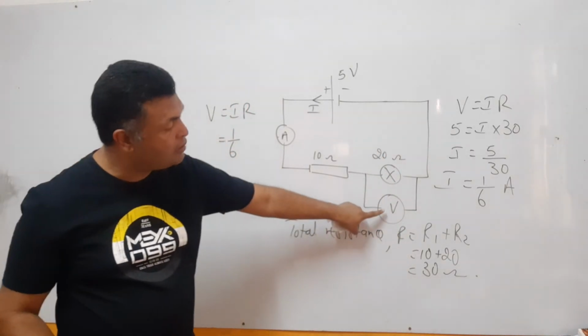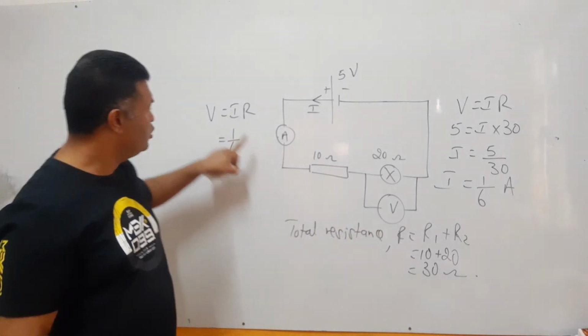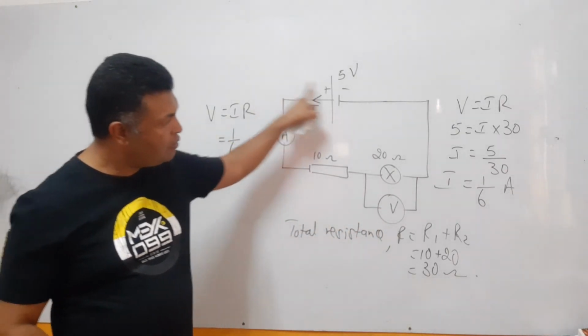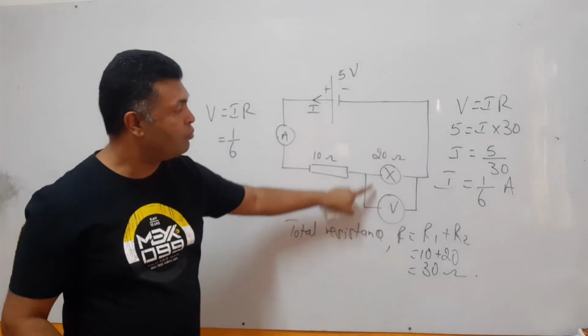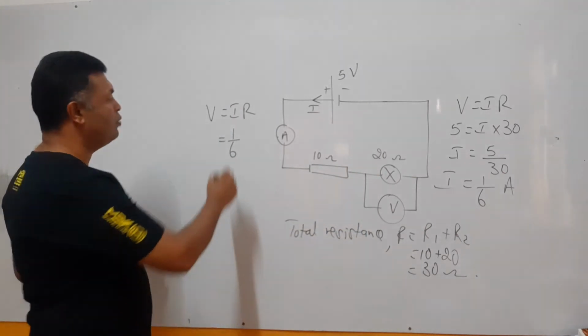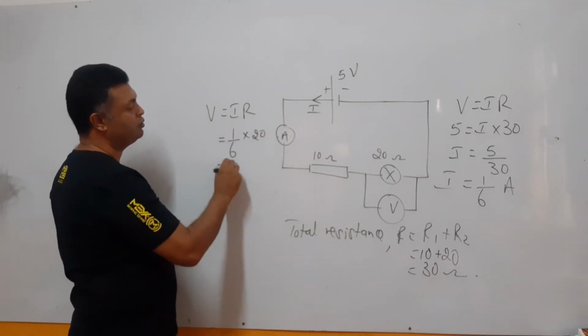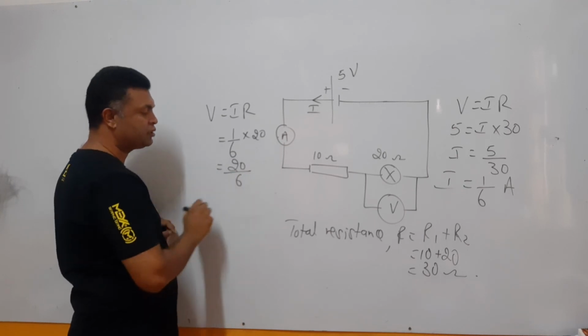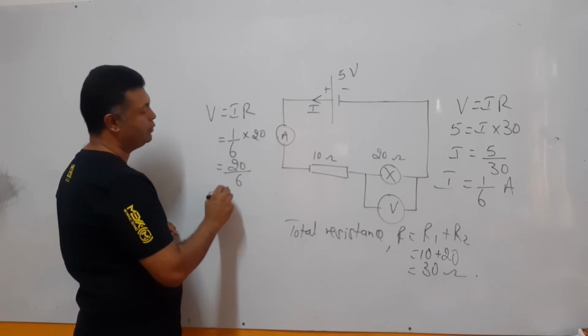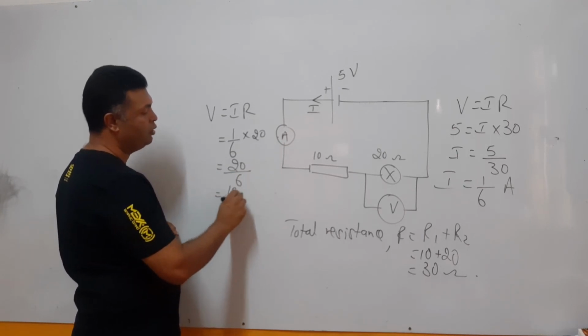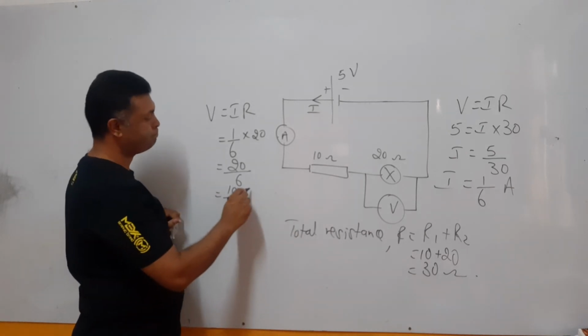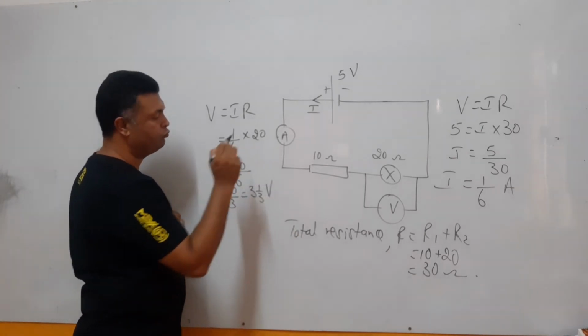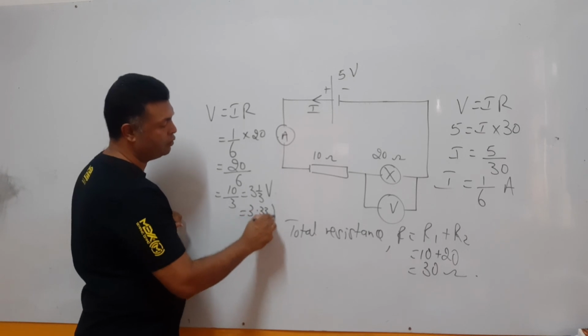So when I'm calculating the voltmeter reading, I'm using V equal to IR. I is the current flowing in the circuit. The resistance is 20 here. So I multiply by 20. This gives me 20 over 6, and this gives me 10 over 3. So I get 3 1/3 volt, 3.33 volt.